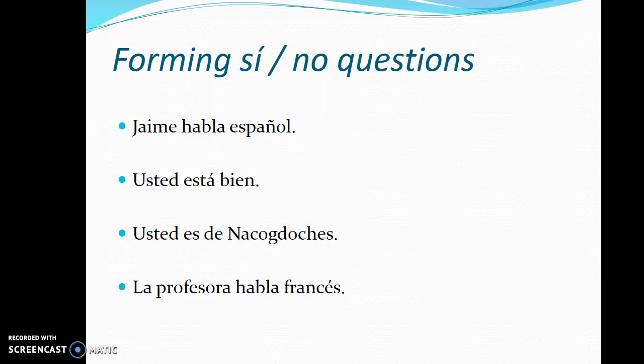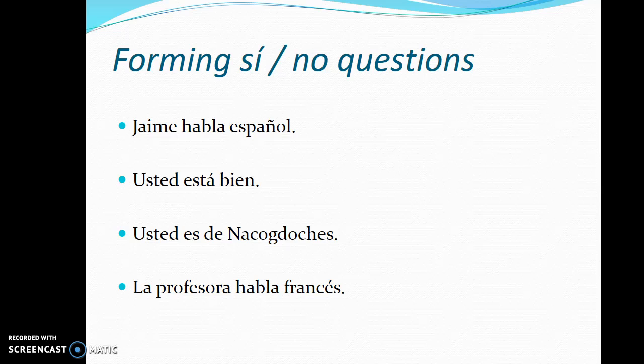Okay. Same thing for the next one down. Let's do it the easy way. ¿Usted está bien? ¿Usted es de Nacogdoches? ¿La profesora habla francés? So your last syllable, your last phrase is being raised in your voice. Okay?